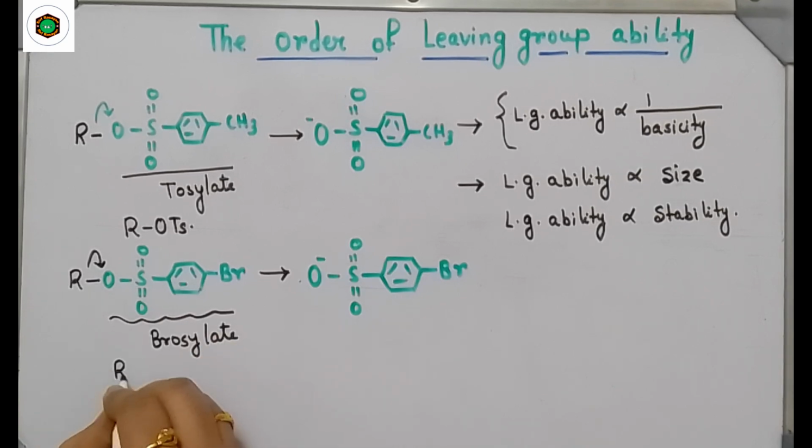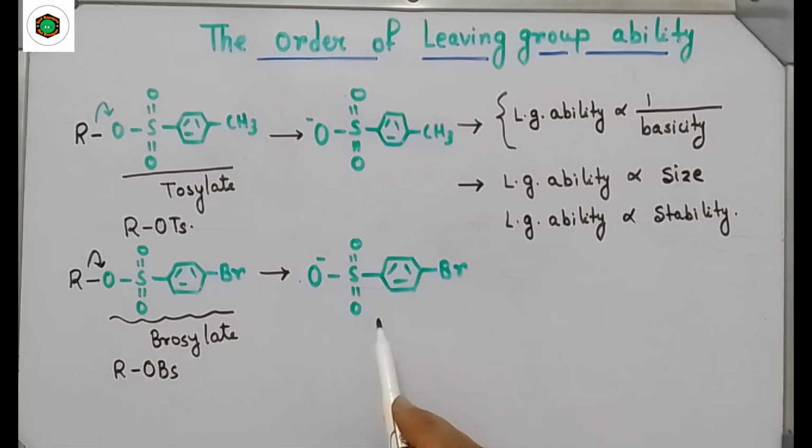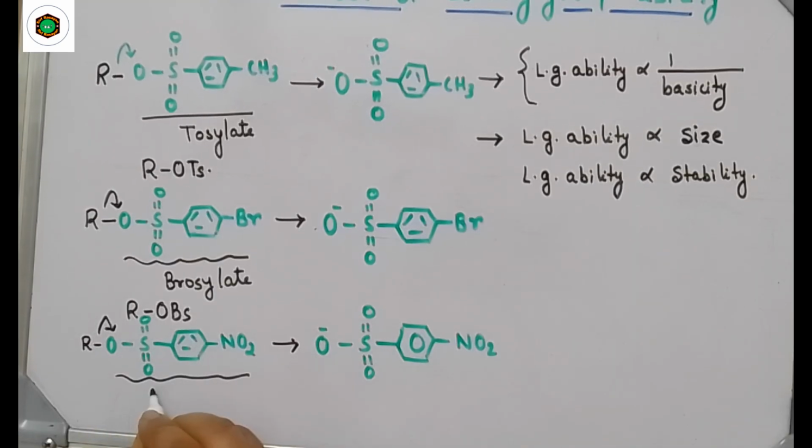In short, you can write OBs. After departure, this group forms the brosylate ion. Similarly, this part is nosylate. In short, you can write RONs. After removal, it forms the nosylate ion.